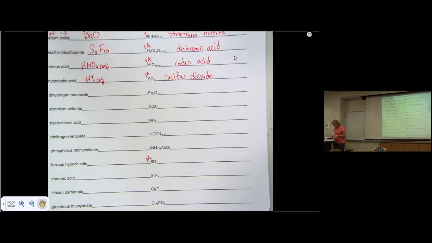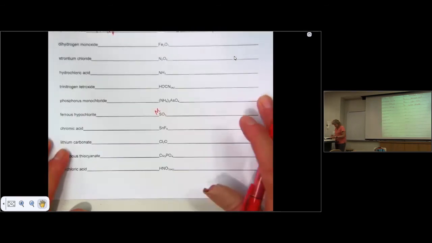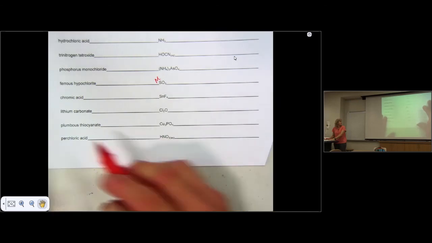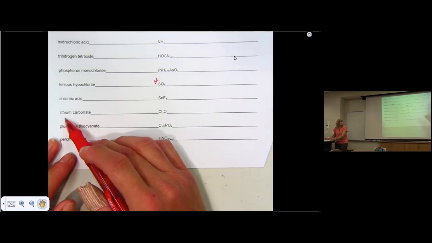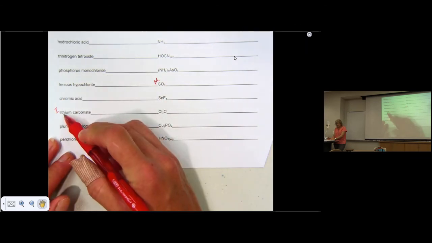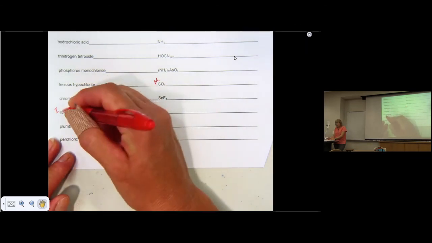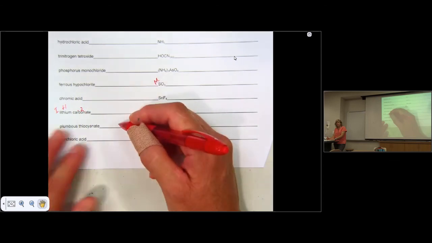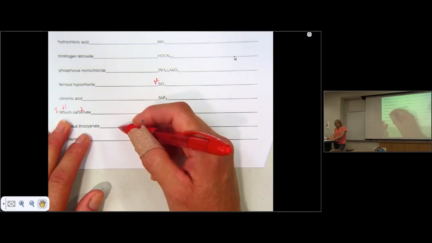Lithium carbonate. Yes, I see it right there. Okay. That is what kind of compound? What is it? Ionic? What's lithium's charge? +1. What's carbonate's charge? -2.